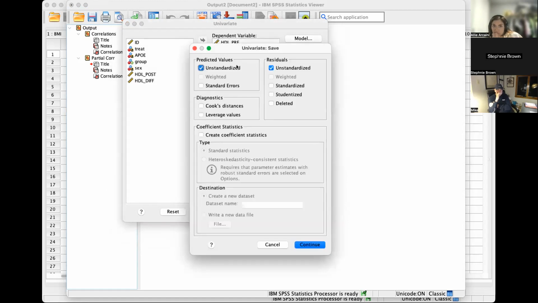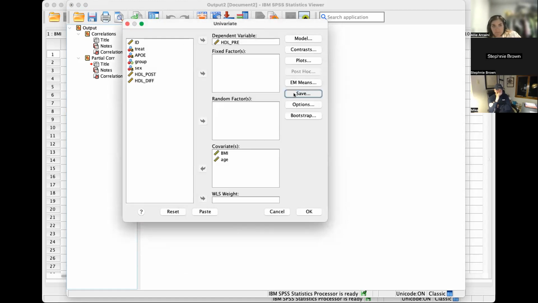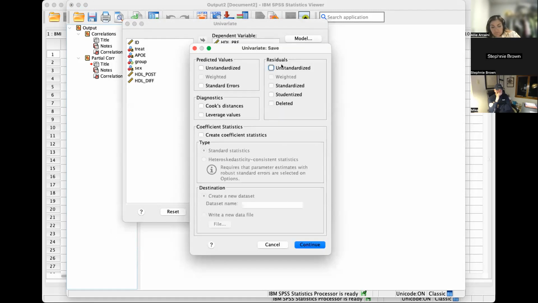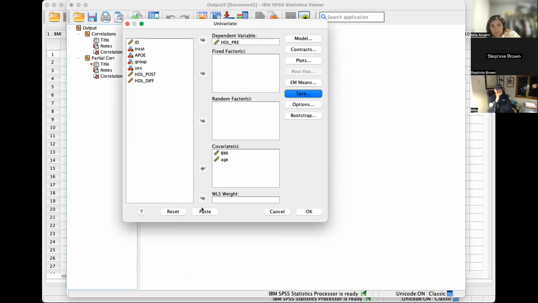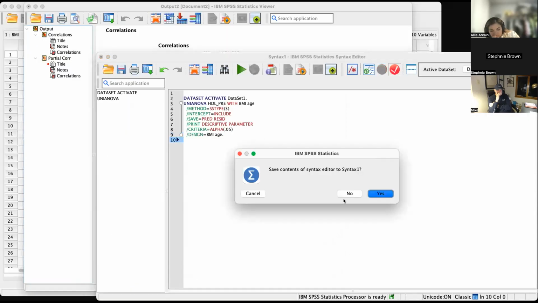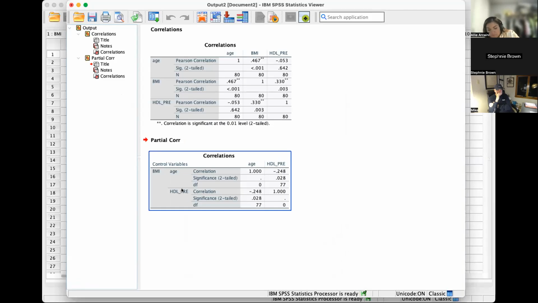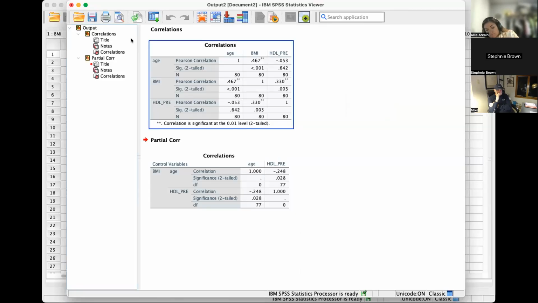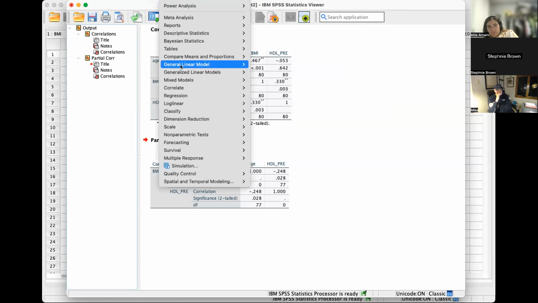If you want to get the predicted values, what this does is it adds them to our data set. Click Save. But by default, that's not there. Let me reset. And whoops, I don't want syntax. No, thank you. Let's do it all over again.